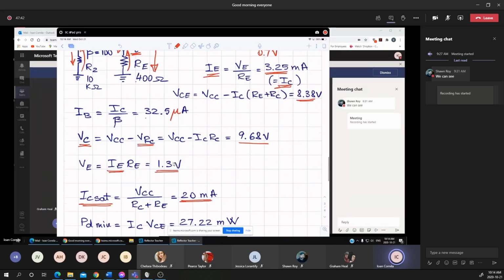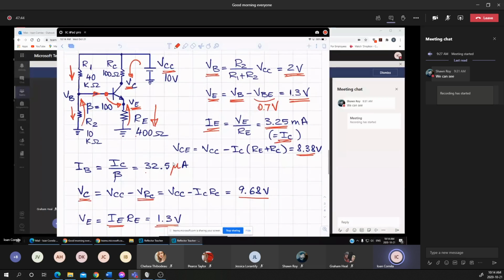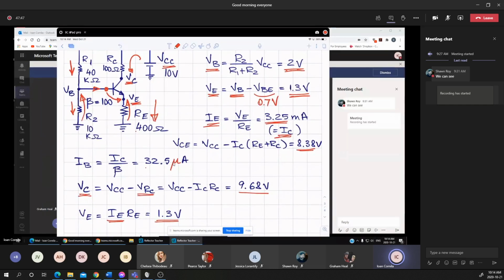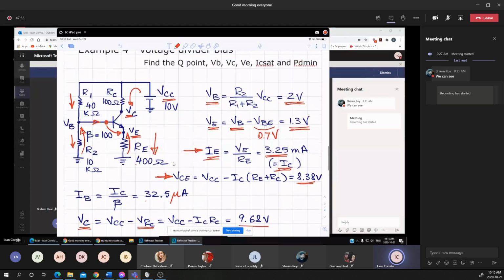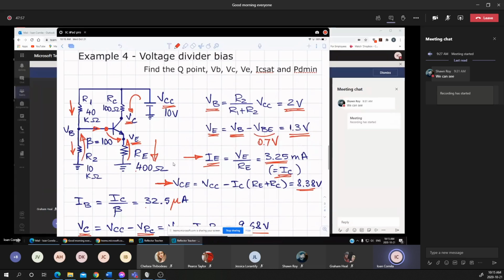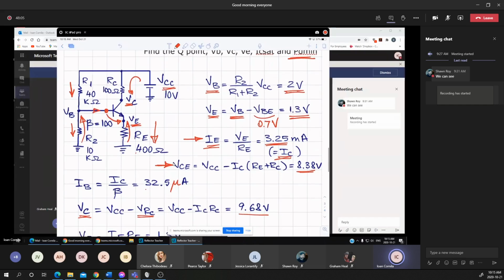Now the question is, suppose that I already determined the VCE for the Q point and we know the IE. What will be the minimum power dissipation, or how can we choose a transistor? That's why I put in this problem how we can choose a transistor that can be used in a circuit like that.